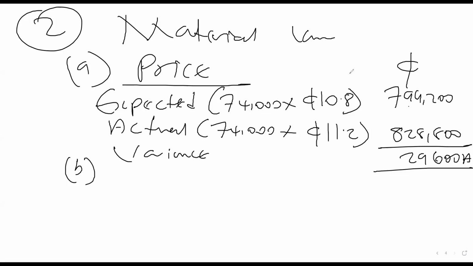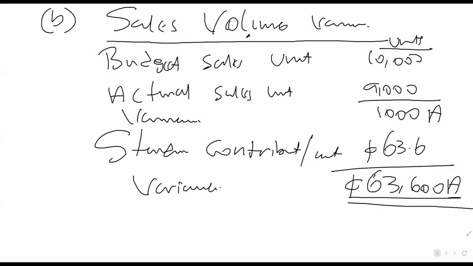Here, material is a cost to us. Material is not a revenue. So when the actual is more, it is adverse to us. Even if you check here, this is sales volume. We budgeted to sell 10,000, but we sold only 9,000. You could say it's negative, but I still make it positive and still say adverse because this is a revenue.